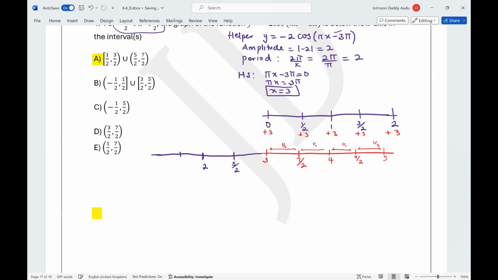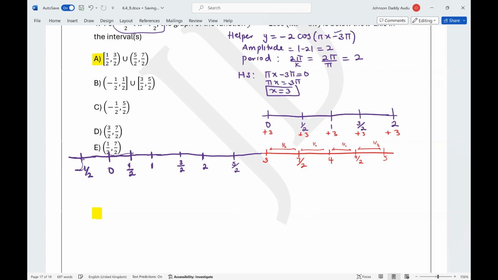This is going to be 1.5, and this is going to be what? 1. This is going to be 0.5, which is half. This is going to be 0. And this is going to be minus what?